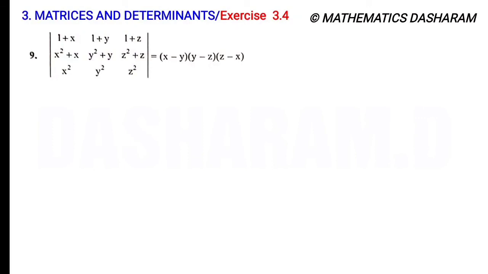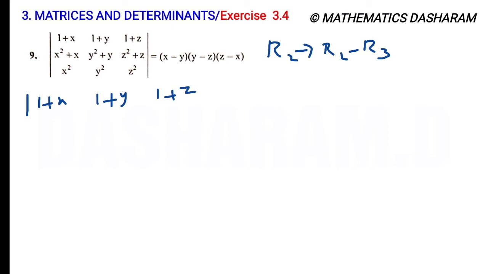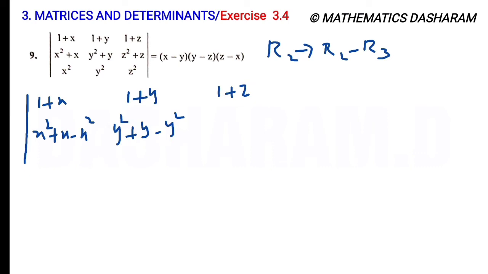Ninth question. First of all, R2 replace with R2 minus R3. So then 1 plus x, 1 plus y, 1 plus z. Next, the second row is x square plus x minus x square, y square plus y minus y square. Next, z square plus z minus z square.